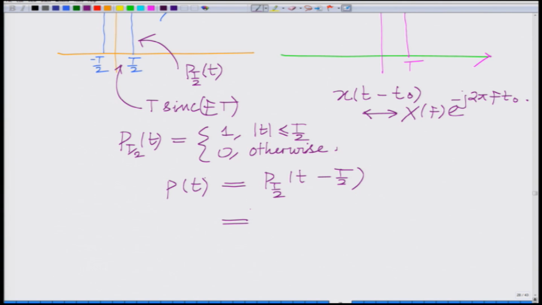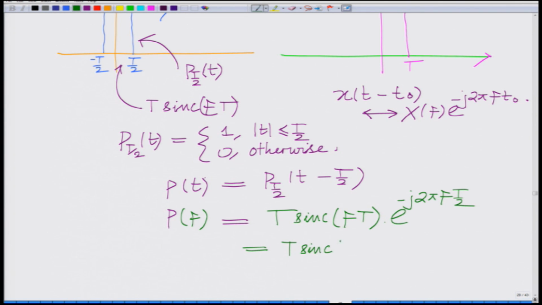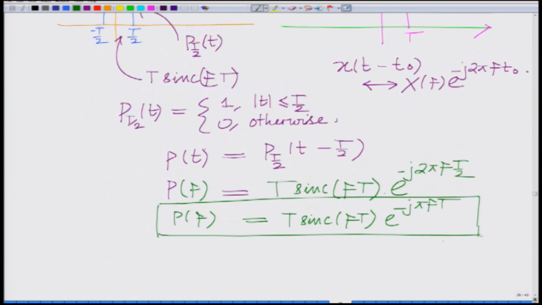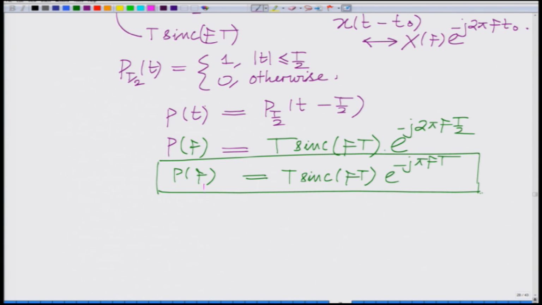Therefore, the Fourier transform of this pulse will be t sinc ft e to the power of minus j 2 pi f t naught, which is equal to t by 2, which is e to the power of minus j pi f t. So, the Fourier transform or the spectrum of the pulse is t sinc ft e to the power of minus j pi f t.